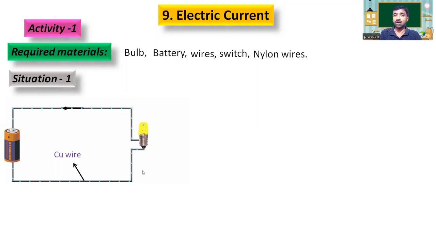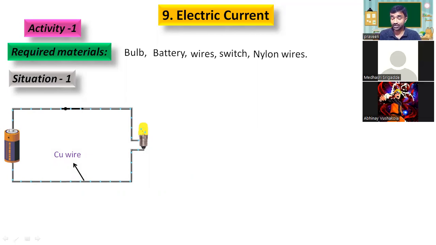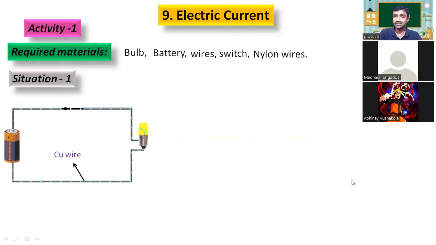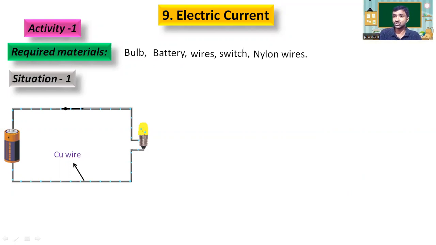The bulb is on because of the flowing of energy. Have you got an idea about open circuit and closed circuit? So I simply used copper wires, a switch, a bulb, and a cell. This is the sequence you are required to connect. Then when I switch on, the bulb is glowing.